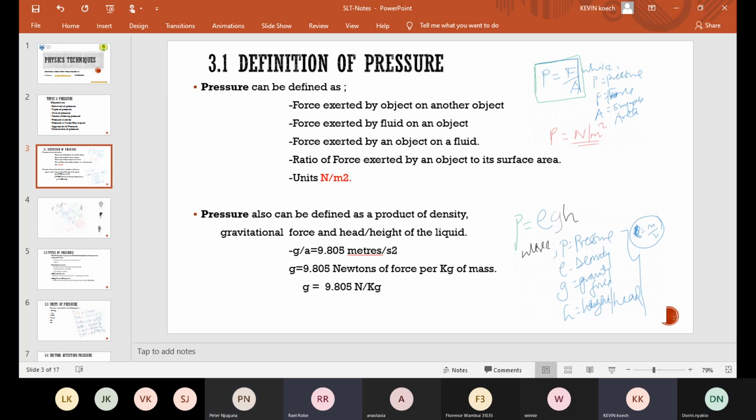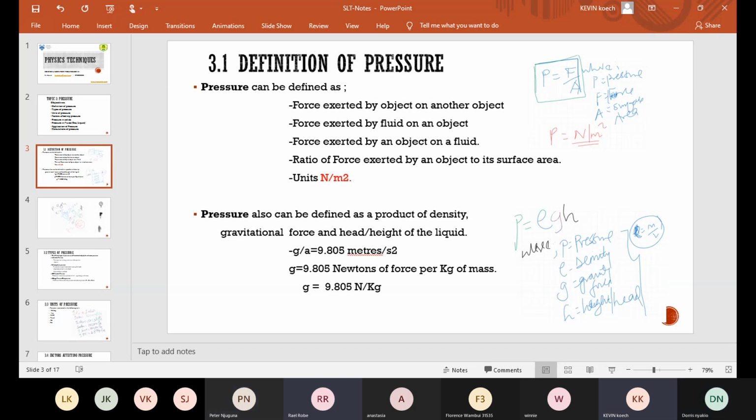Pressure can be given in terms of rho GH. And what is G? G is a gravitational constant or gravitational acceleration or gravitational force, and it is 9.8. Now the key units here: if you are given gravitational force as an acceleration, you understand the units of acceleration are meters per square second, velocity divided by time.